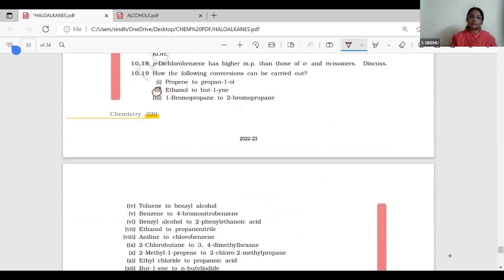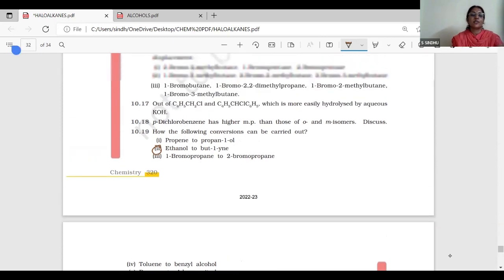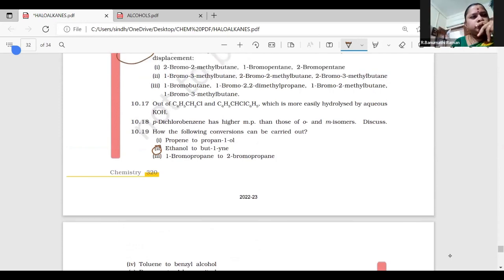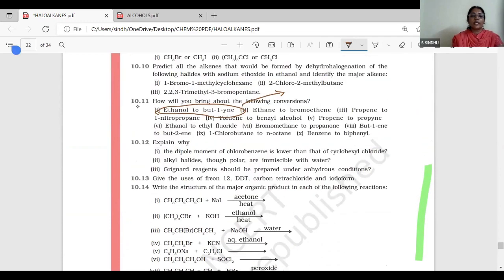Yes, teachers? If you randomly just try to connect ethyne to sodium ethanol, refresh the methods, conversion. No, we are going in for a step up. So ethanol to be converted to but-1-yne.